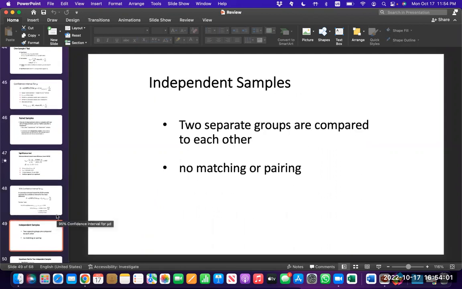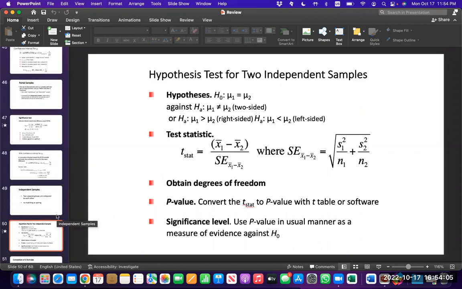Independent samples are basically compared to each other. It's two separate groups with no matching or pairing. The calculation is done with a so-called pooled standard error, which essentially allows you to calculate x bar 1 minus x bar 2, divided by that standard error, which basically allows you to get a t-statistic for an independent samples t-test.